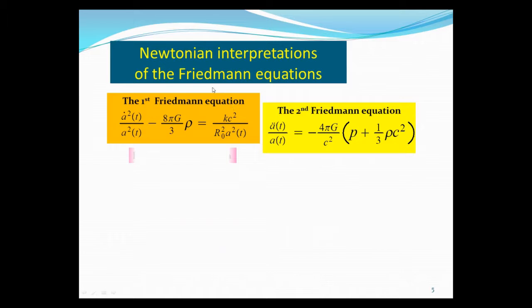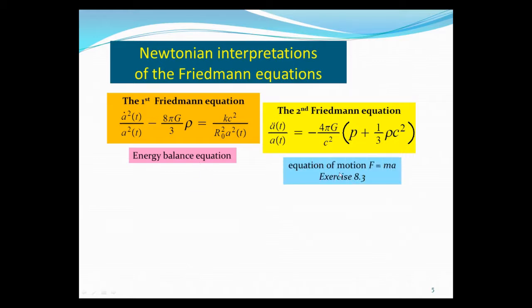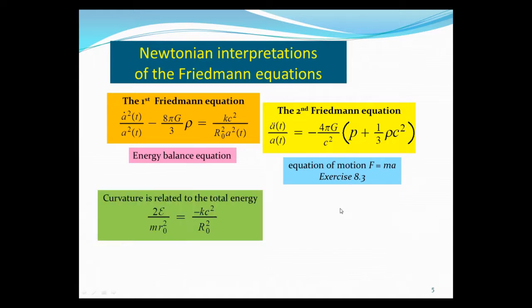So the Newtonian interpretation of the Friedmann equations: the first one can be thought of as the energy balance equation, and I'll leave it as an exercise to show the second Friedmann equation is just the F equals ma equation. The important point is that we can now relate the curvature to the total energy.